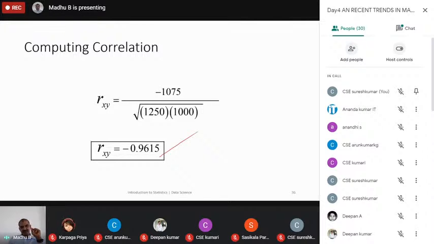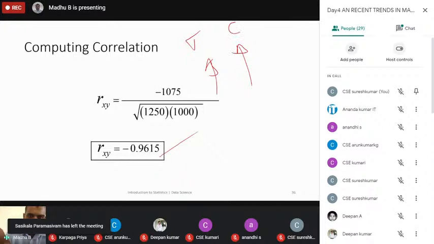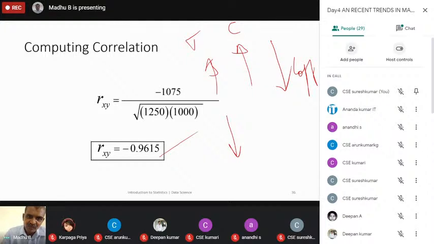Whenever the temperature increases, cool drink consumption increases and coffee consumption decreases. Whenever the temperature decreases, cool drink consumption decreases and coffee consumption increases.